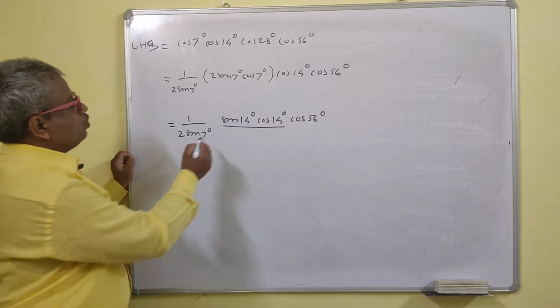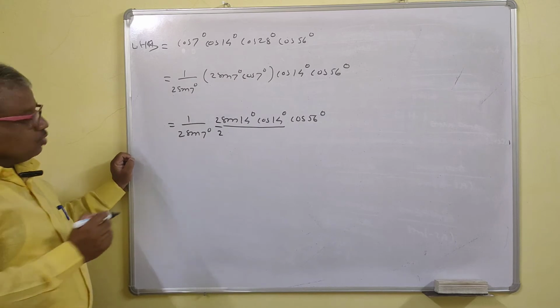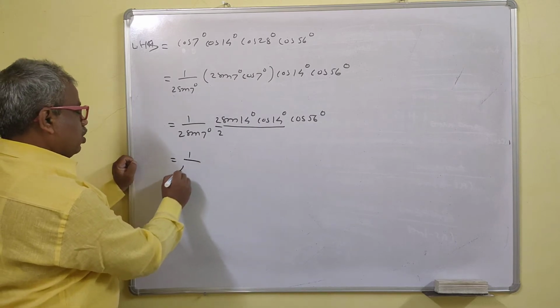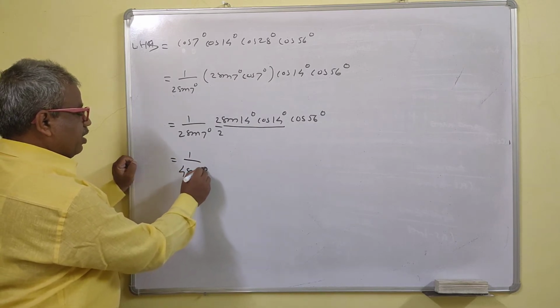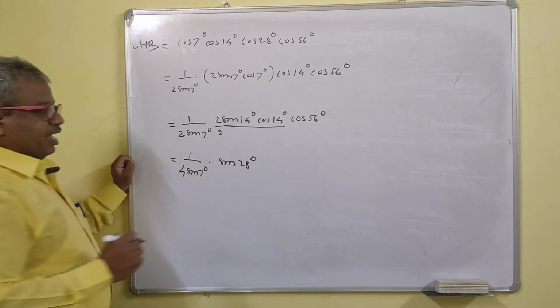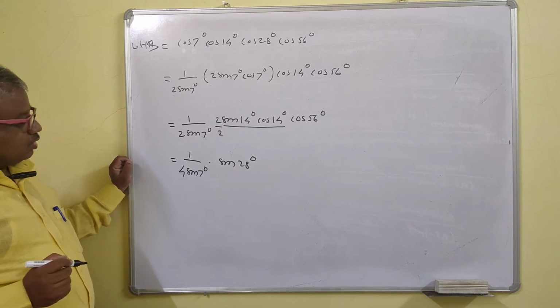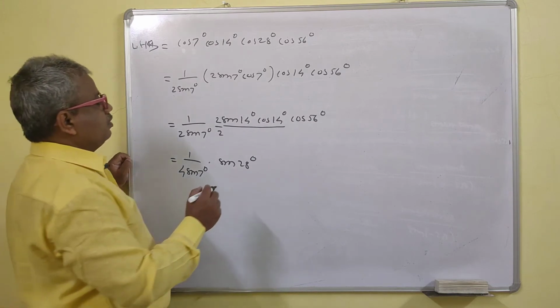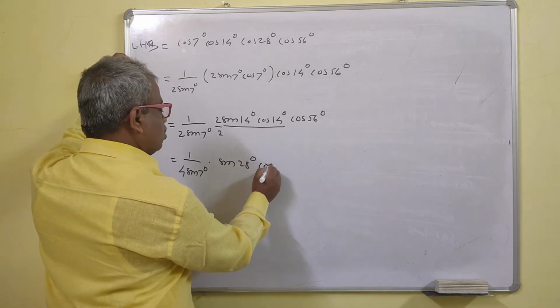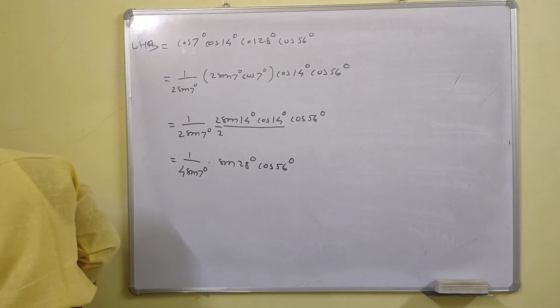We can manage this 2 here, right? 2 upon 2 we can write. So this is 1 upon 4 sin 7 degree into sin 28 degree, right? Sin 28 degree, cos 56 degree.